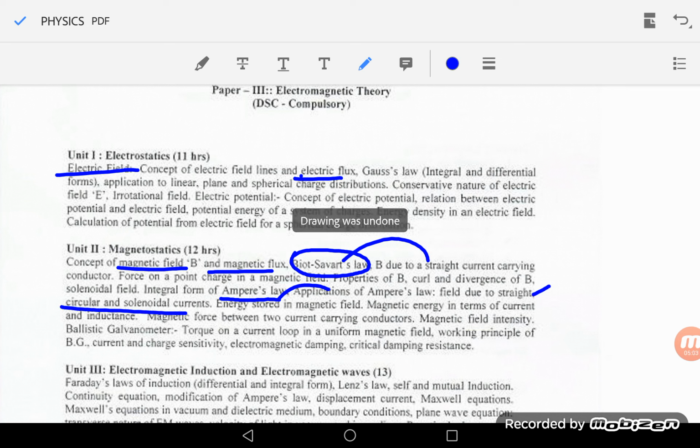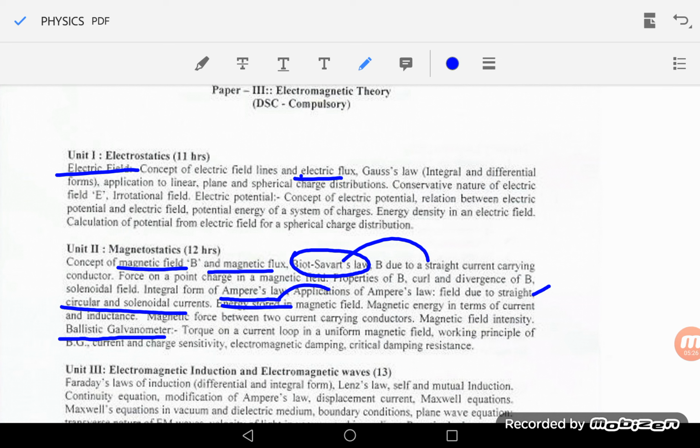Again, what is the energy stored in the magnetic field, what is the inductance, and what is the force, everything related to the magnetic field we study in magnetostatics. And one more important topic is the ballistic galvanometer.